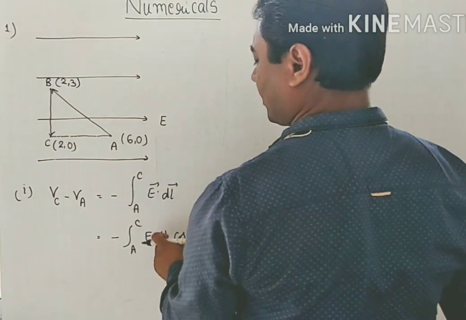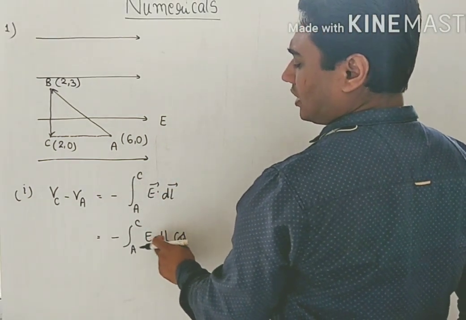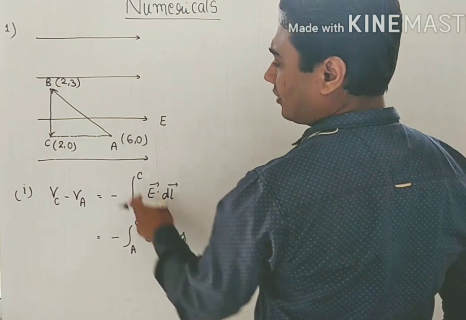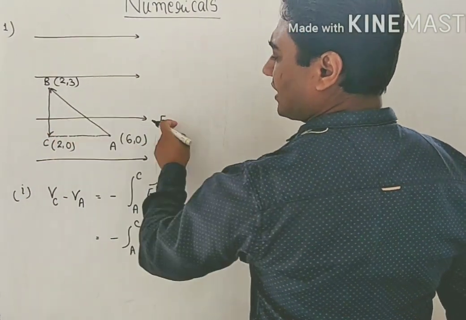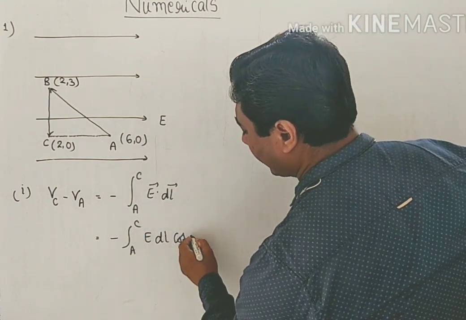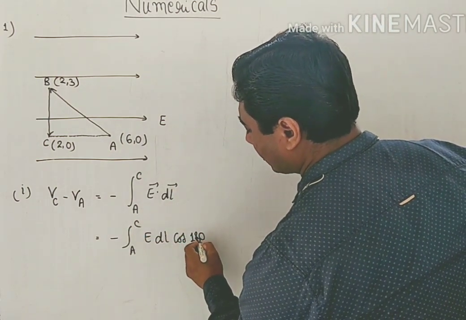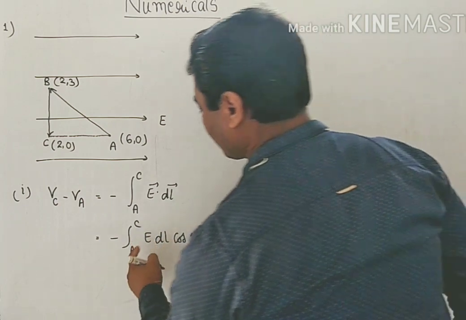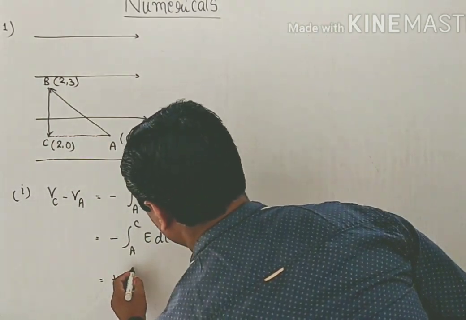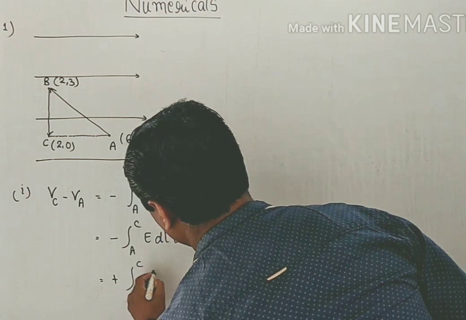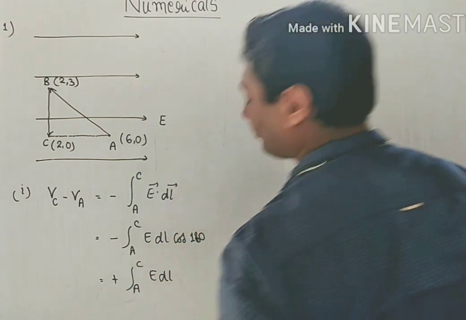Now try to identify the angle between the electric field E and the displacement vector. Displacement is from A to C, opposite to E. So the angle would be 180, and cos 180 is minus 1. So this minus 1 and the minus outside make a plus. So here we have integral from A to C of E dl.